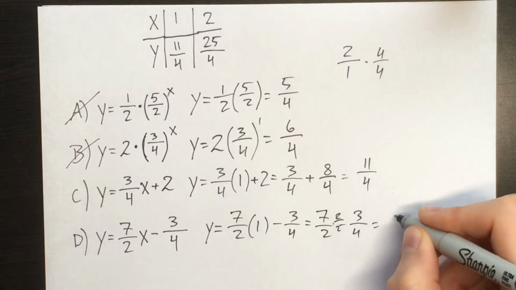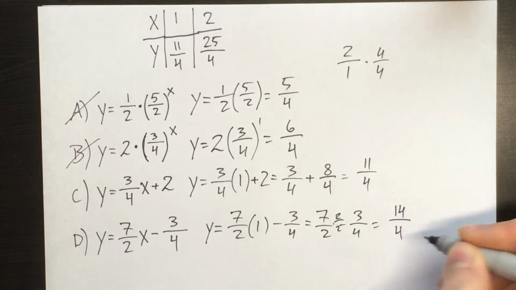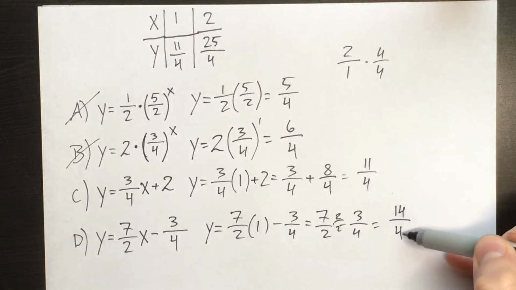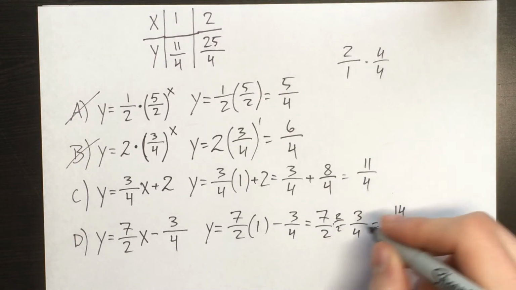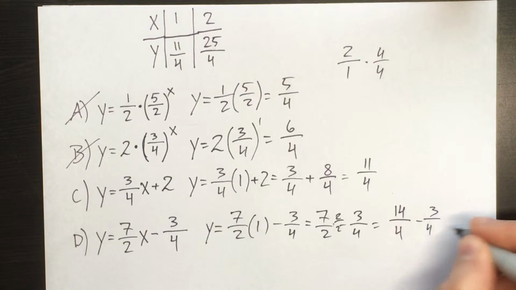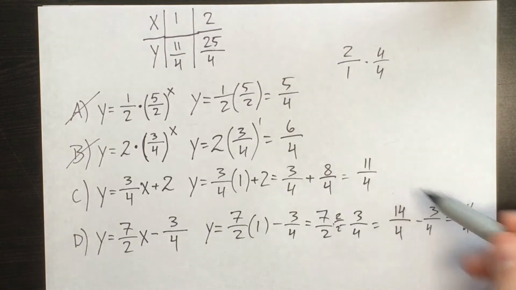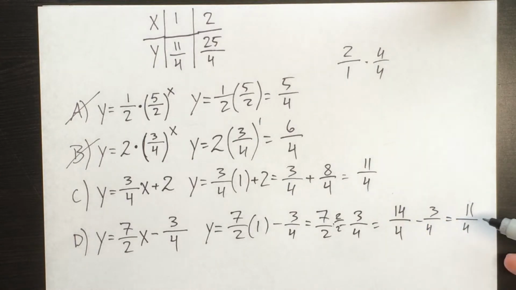So this is equal to 14 over 4, which is still equal to 7 over 2. I'm just making the denominator 4 so we can combine these. So 14 over 4 minus 3 over 4, that's also 11 over 4. Okay, so that's interesting, right? That both of these work. So we know that it's between C and D. One of them has to be correct.